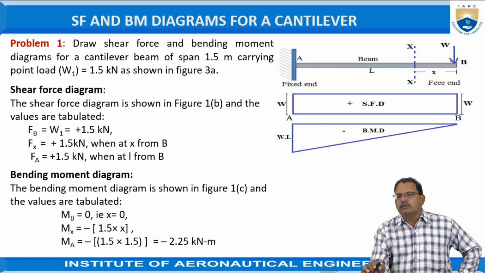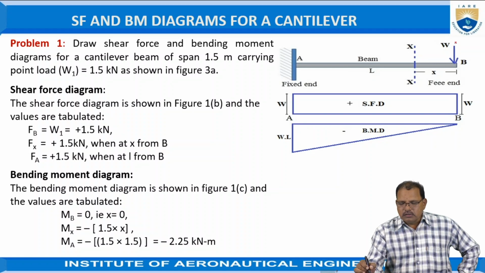This is the space diagram for the cantilever beam, representing the length as well as the various forces acting on it. Here W is given as 1.5 kilonewtons, acting at position B.